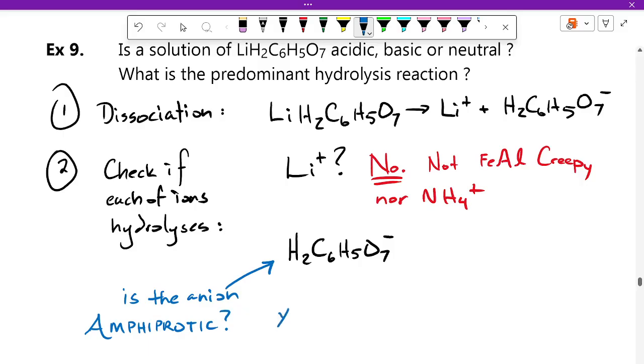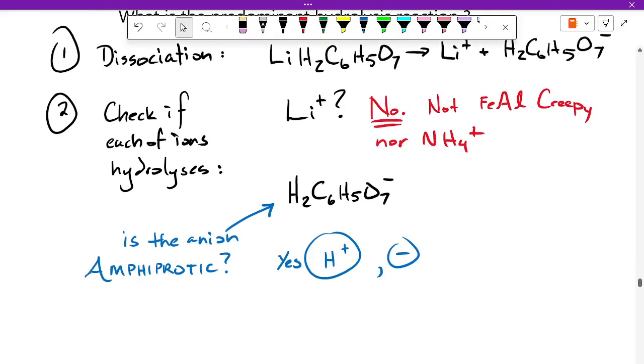Yes. It has an H plus, and it has a negative charge. If it's amphiprotic, you have to do donating a proton and you have to do accepting a proton. So you'll want to do both the acid process and the base process.